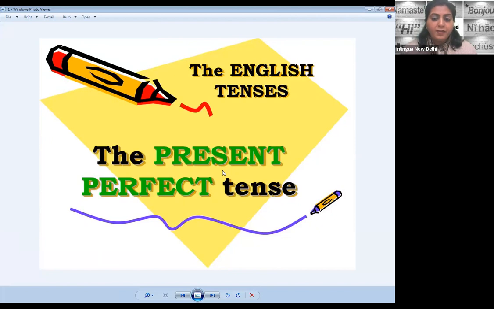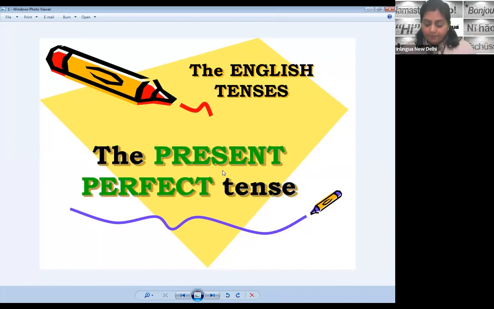Now, if the event is influencing or affecting the present somehow, if that event in the past is affecting our present, then we call it the present perfect. So, past is perfect, meaning something which is finished, and present means right now.